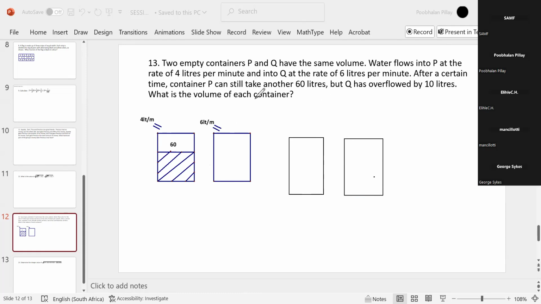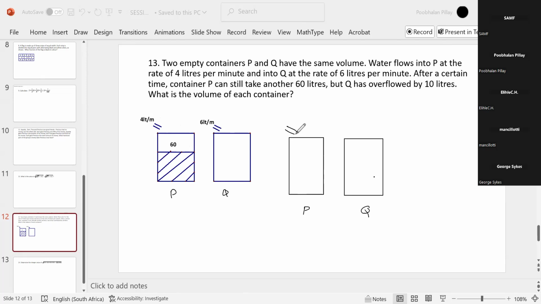Now, water flows. It's called P and Q. So this is a container. One is called P, the other is called Q. The water flows into P at the rate of 4 liters per minute. So I've got this here, P and Q. Water is flowing into this at 4 liters per minute.